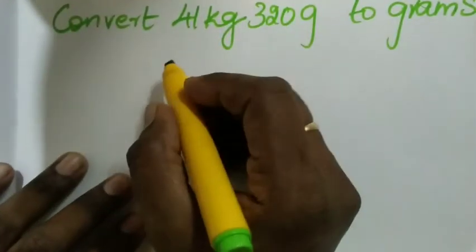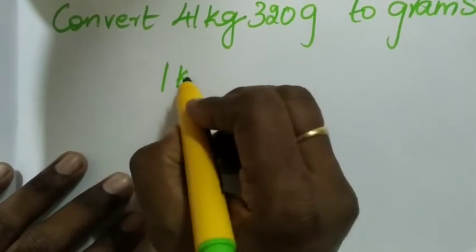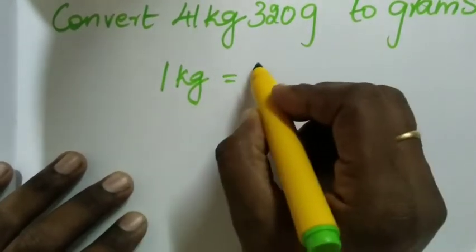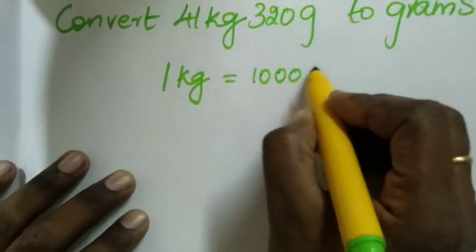Here we have the very first example. Convert 41 kilogram 320 gram to grams. Already we have seen that to convert higher units of weight to lower units, you should multiply. So we know that 1 kilogram is equal to how many grams? 1000 gram.